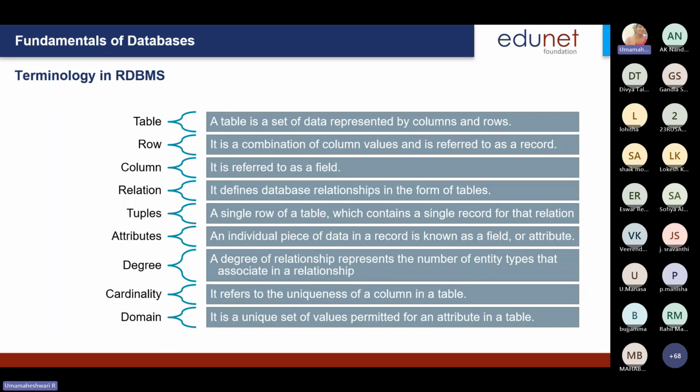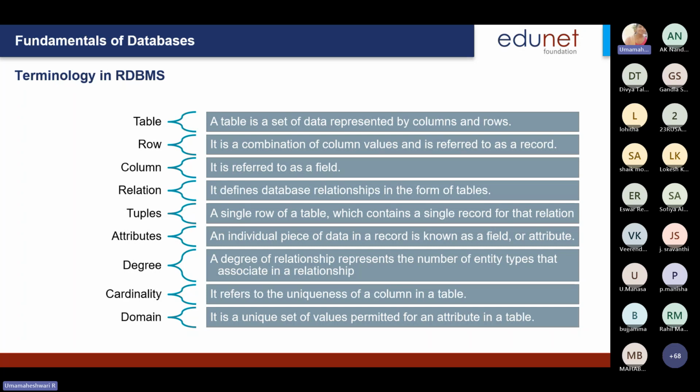Record means what? Again, a row. It defines a row. That is a column value. An attribute is an individual piece of data in a record. Okay, so that is called an attribute.